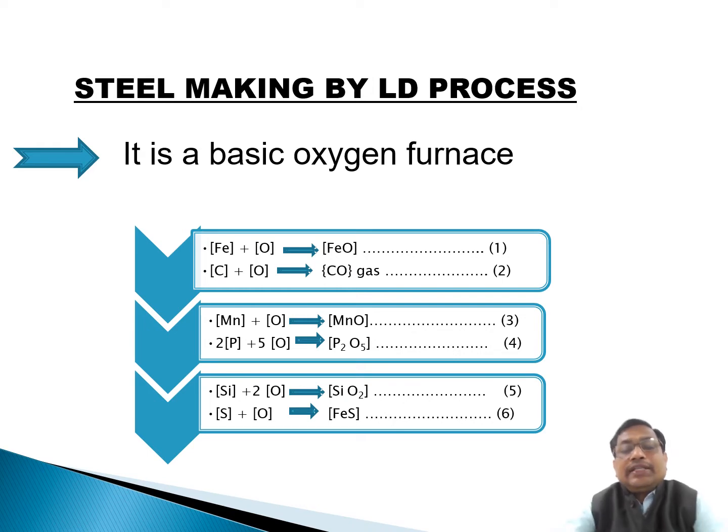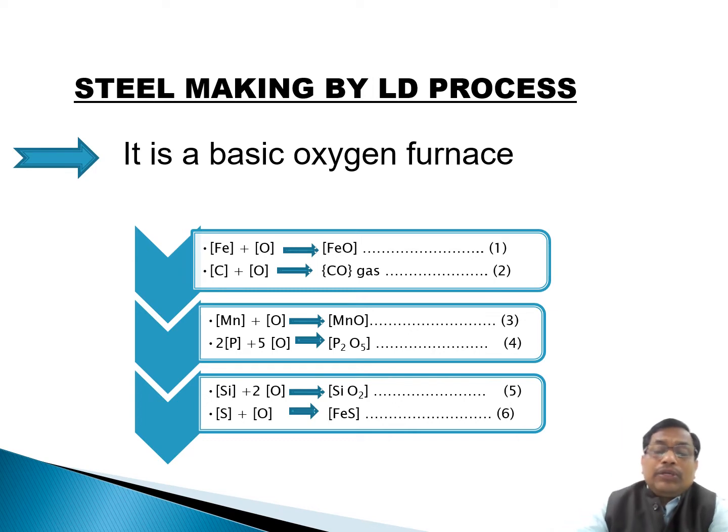That FeO will again join the slag, and the iron associated with this FeO will be lost, because the FeO is joining the slag. So during steel making, around 25 to 30% iron loss will be there in the steel making process. These are the oxidation reactions taking place during steel making.